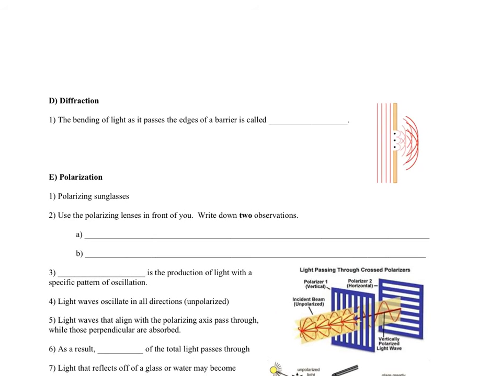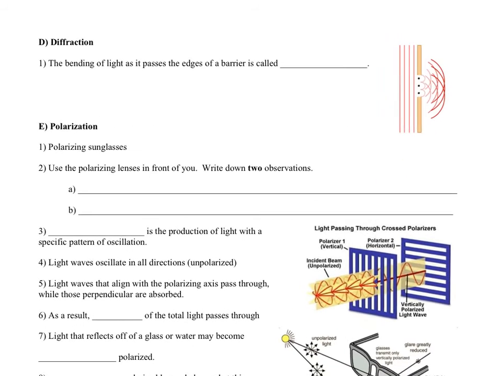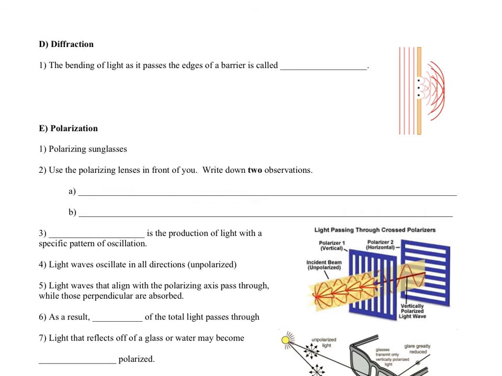Just like last unit, light waves, just like sound waves, do diffract. The bending of light as it passes the edges of a barrier is called diffraction. We used a simulation in class to show how wavelength and opening size affect diffraction.